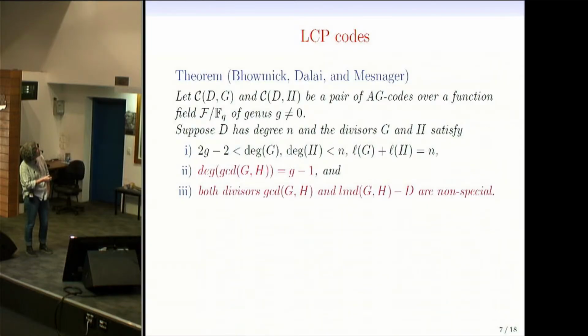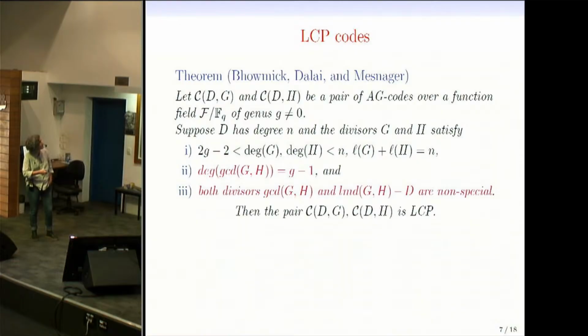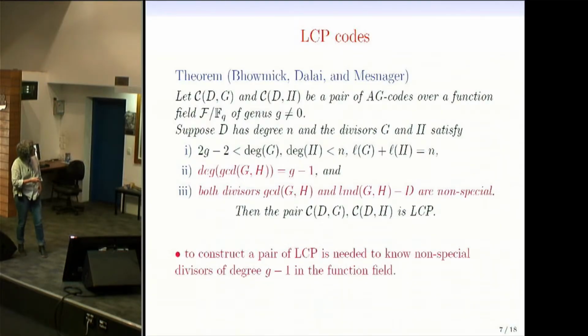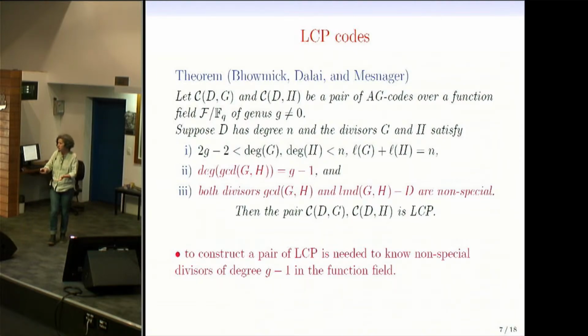You need the degree of the GCD between them to be g minus 1, and you also want the GCD to be non-special, so a non-special divisor of degree g minus 1. You also need the LMD of G and H minus D to be non-special. If you are able to find this in your function field, they prove that the pair is going to be a linear complementary pair of AG codes. So if you want to construct such pairs of codes, you need to find non-special divisors of degree g minus 1 in your function field.